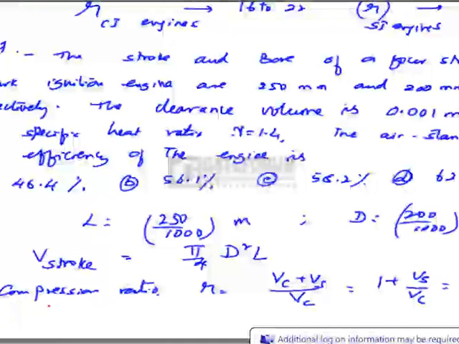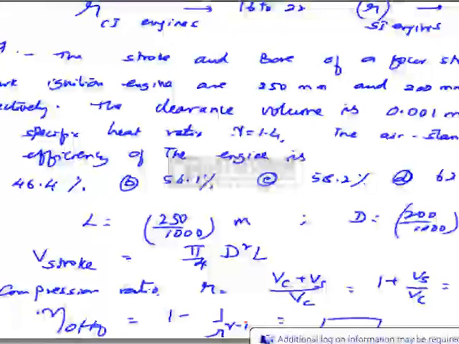Clearance volume is also given. This is a 4-stroke cycle spark ignition engine. Therefore, the Otto cycle is the standard cycle for SI engines. We can calculate it as 1 minus 1 by R to the power of gamma minus 1.